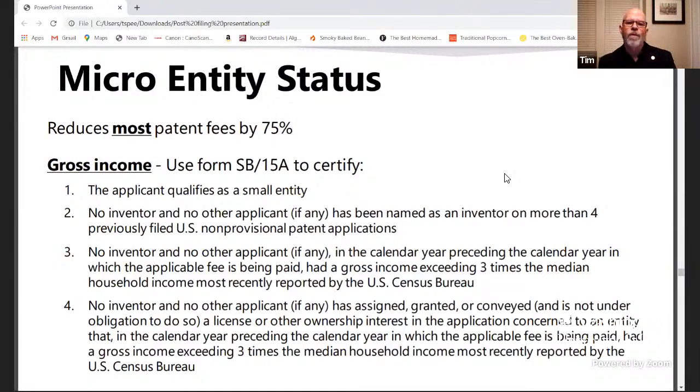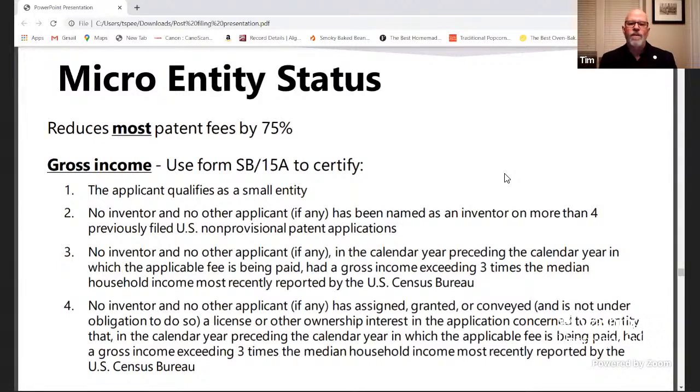The requirements for micro-entity status are specific. The inventor can't be named on more than 4 previously filed non-provisional applications. There are issues as to the gross income exceeding 3 times the median household income. That's going to change yearly, of course, and I don't recall what that is at this point.